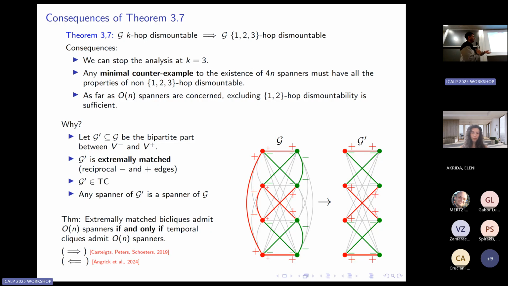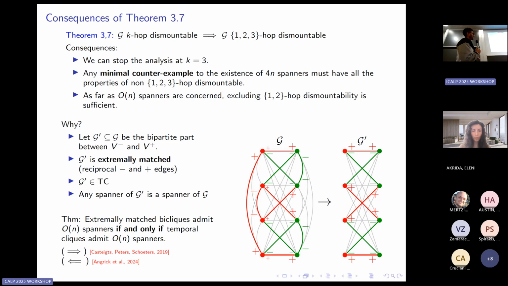And this kind of graph is temporally connected, because, for example, if a vertex on the left wants to reach a vertex on the right, you can just pick the direct edge that it has with it.